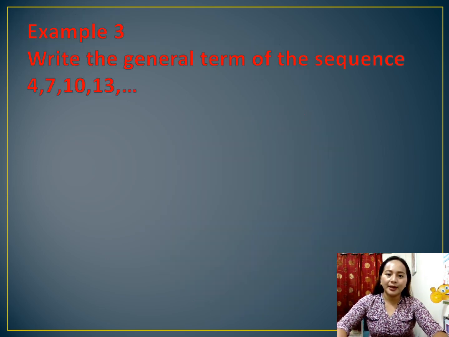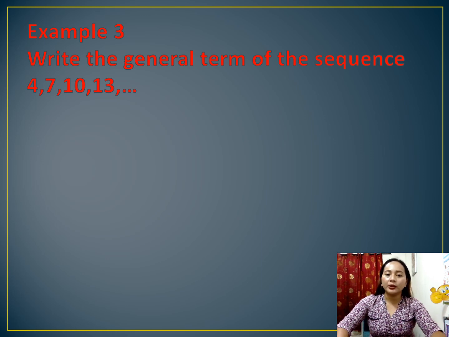Let's have example number 3. In example number 1 and 2, you are given a general term and you are asked to find the first, the second, the third, and even the ninth term of the sequence. Now at this time, let's do the reverse.